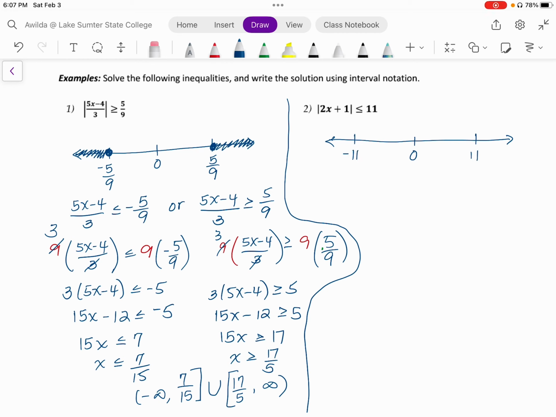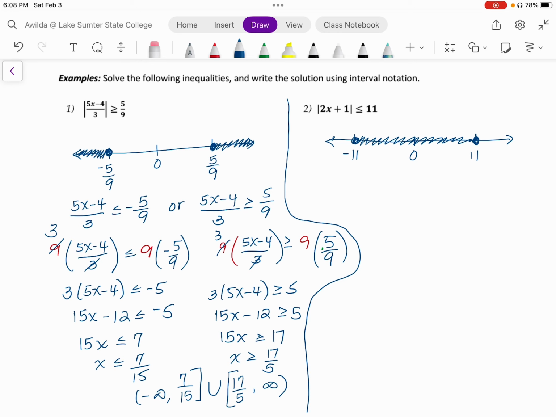It could be that the quantity 2x plus 1 is at negative 11 or at positive 11 because this is a weak inequality. The distance could be exactly 11 from 0. But it also could be that 2x plus 1 is somewhere closer to 0 from those 2 points. So in fact, 2x plus 1 could be anywhere in the shaded region, including both negative 11 and positive 11.